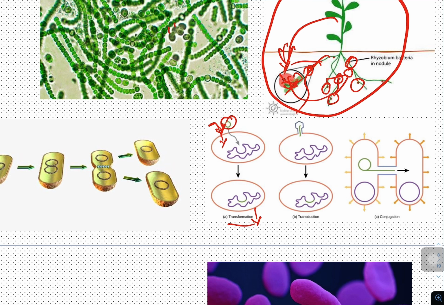Next is transduction. Transduction is a process involving certain viruses called bacteriophages. Bacteriophages are viruses which infect a bacterium. When bacteriophages infect a bacterium, their genome comes in contact with the DNA. This DNA gets transferred to the new virus coming out of this.